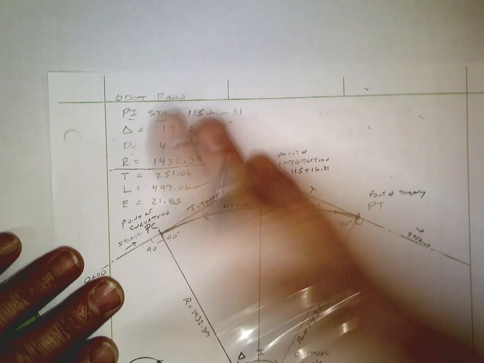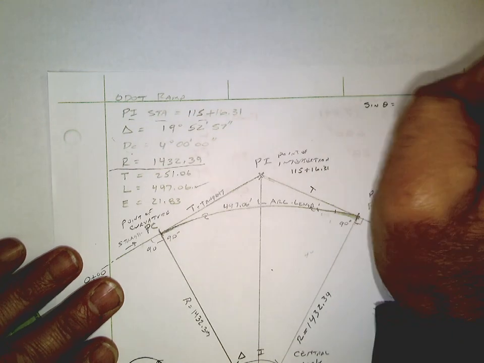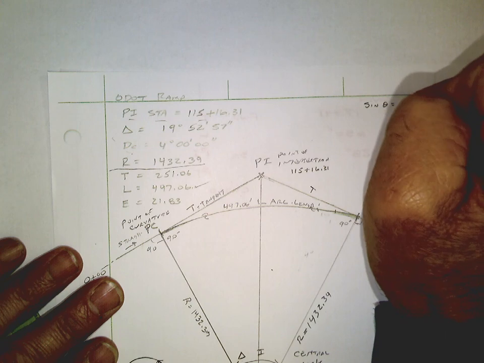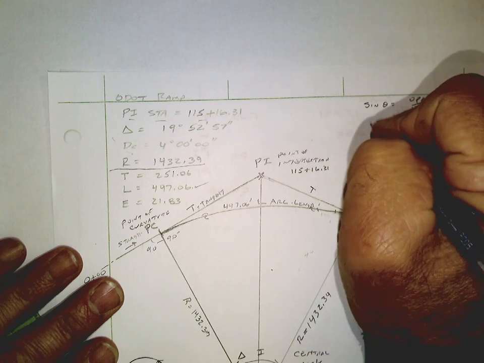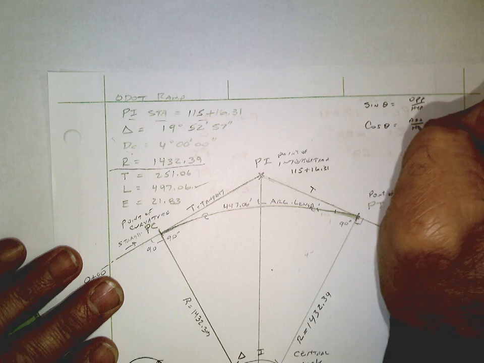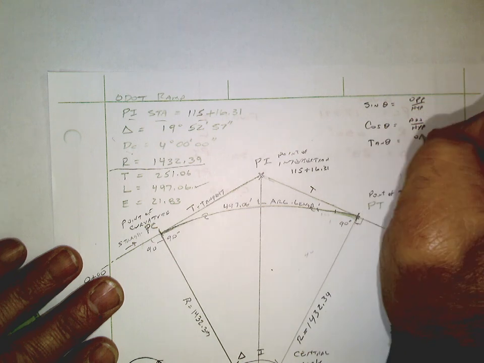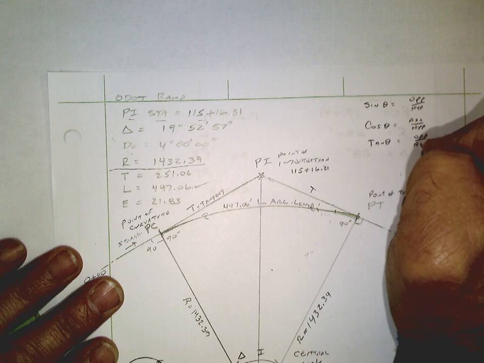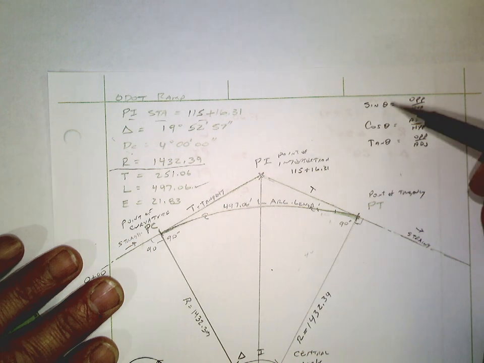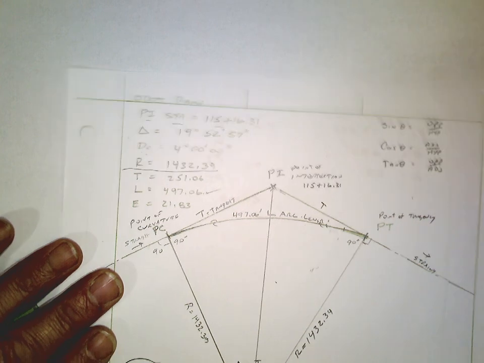And all we need to do is to remember our trig functions. Sine is opposite over hypotenuse, cosine is adjacent over hypotenuse, and tangent is opposite over adjacent.